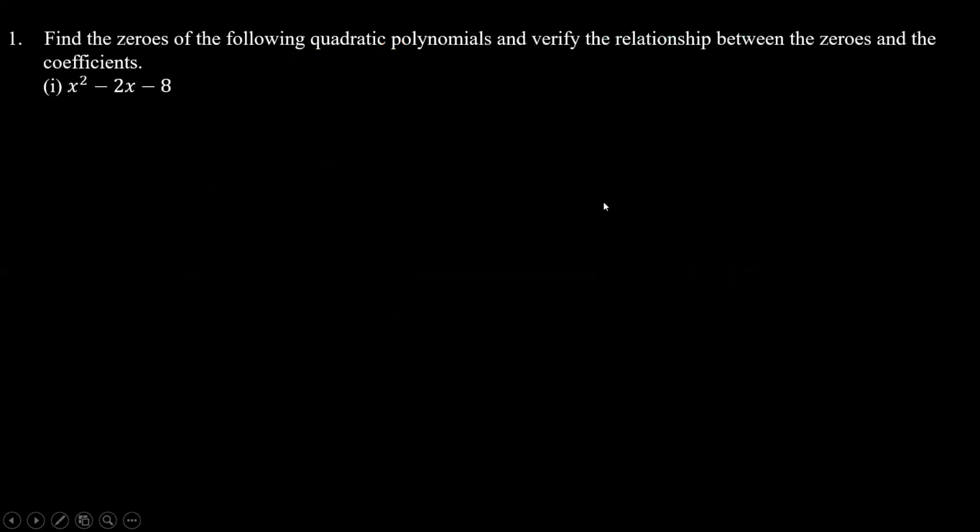So now we'll see the exercise questions one by one here, okay. So that we can have a better understanding of each and every question of the NCERT. These questions are taken from the NCERT. What does the question say? Find the zeros of the following quadratic polynomials and verify the relationship between the zeros and the coefficients. So first of all, we need to find the zeros of this polynomial.